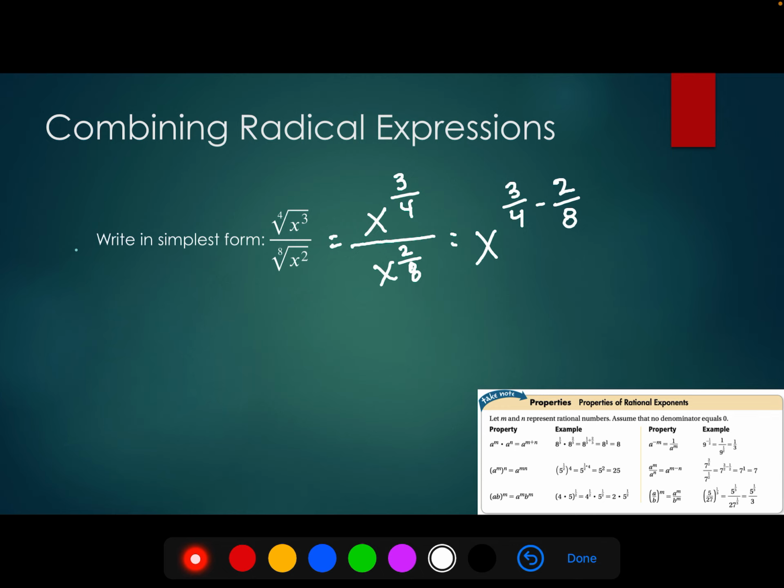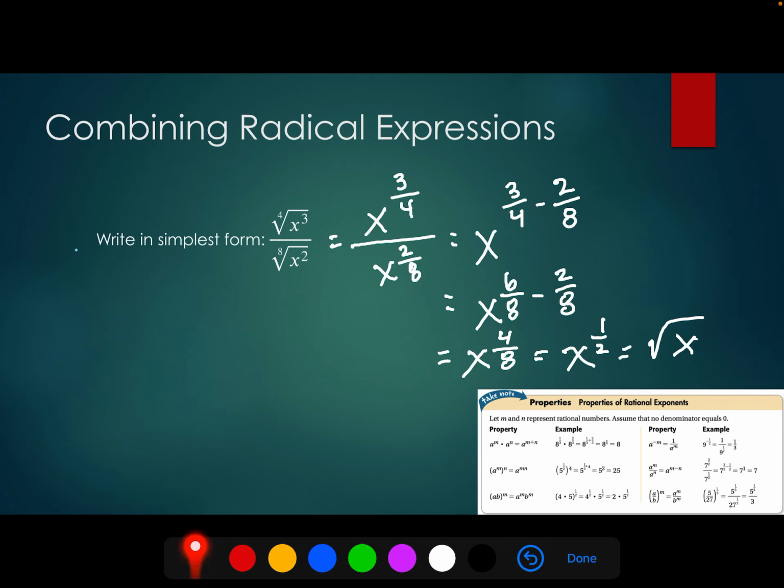So this would become x to the 6/8 minus 2/8, and that is equal to x to the 4/8 power, and that's just equal to x to the 1/2 power. And now we can rewrite that in radical form. X to the 1/2 power, that's the same thing as the square root of x.